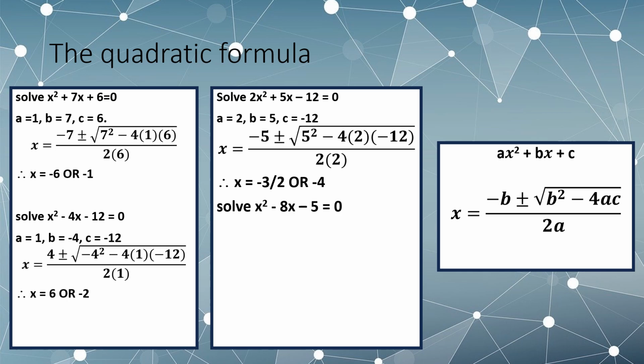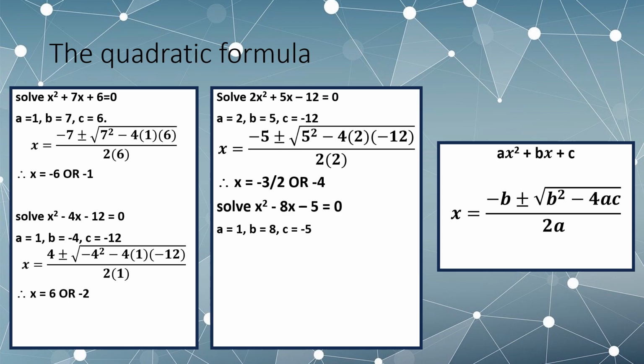Last example now, using the equation. We have x squared subtract 8x subtract 5 is equal to 0. So our a is equal to 1, our b is equal to negative 8, and our c is equal to negative 5. Now, for an example like this, you'd usually need to use completing the square if you're factorizing, but we can just plug our numbers into the equation.